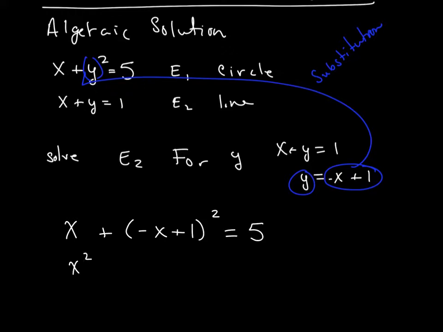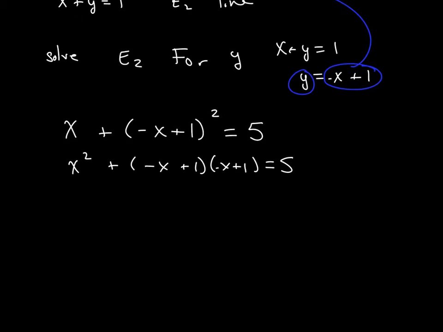So I have x squared plus negative x plus 1 times negative x plus 1 is equal to 5. Make sure you remember to FOIL that out. When you FOIL that out, don't let the negatives bother you. It's just a negative x times a negative x, so it's still going to give me a positive x squared.